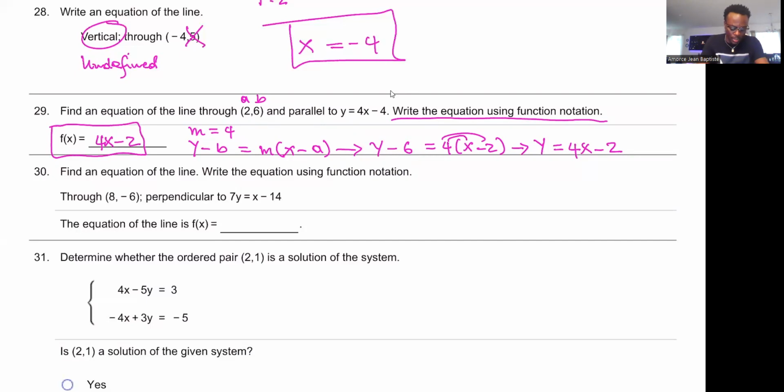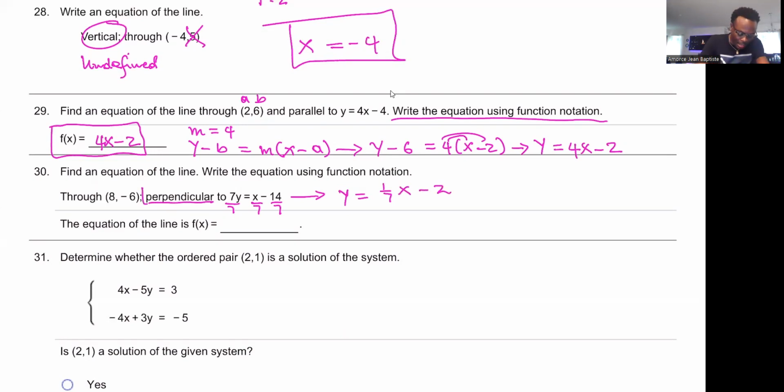Over here, they say, same question in number 30, but the line you need the equation for is perpendicular to that one. Well, we would divide everything by 7 to isolate y, and then you get y equals 1/7 x minus 2.